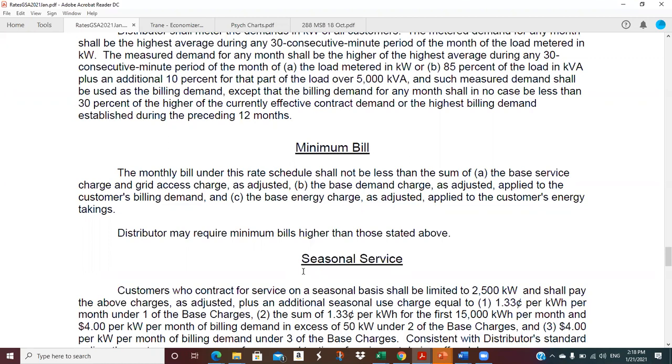And they put this in there because say they've got service at a big plant and there's a fire and the plant goes down. And it's basically down for 2 months or 3 months. They're not using anything. Well, the utility company is going to get something. So they write in a way to calculate a minimum bill, and you're going to pay based on that, whether you take anything or not.